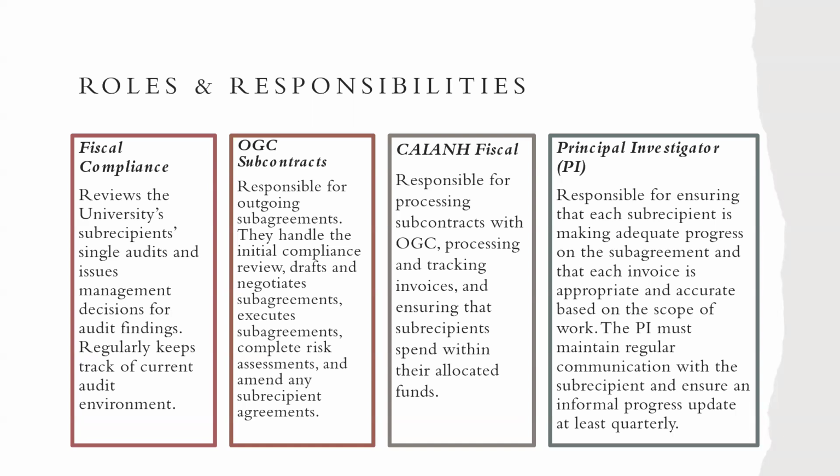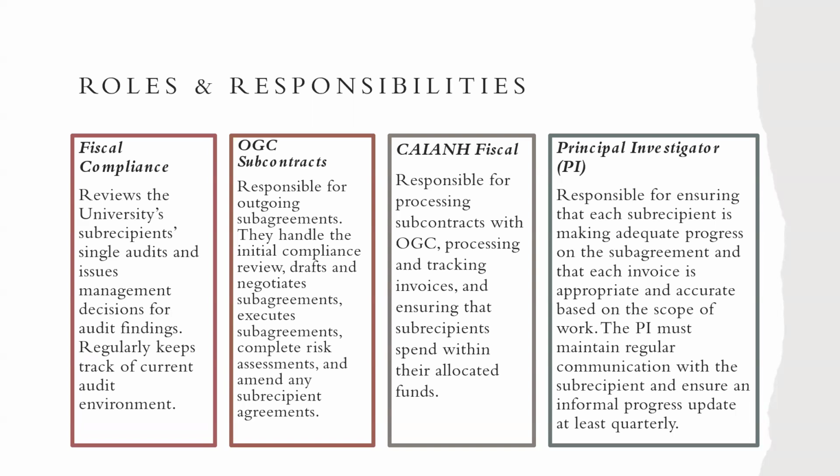But mostly Cayenne Fiscal is more involved in processing and invoicing, and PIs should be more involved in ensuring that they are meeting the scope of work and the communication requirements with their subrecipient. So overall, just to summarize, PIs are responsible for ensuring that each subrecipient is making adequate progress on the subagreement and that each invoice is appropriate and accurate based on the scope of work.